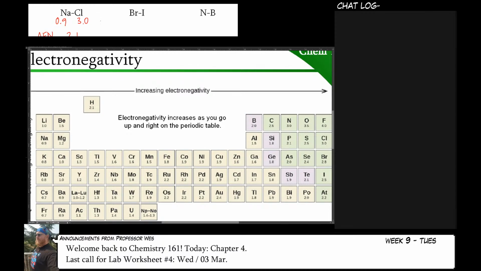Now for this next one, for bromine and iodine, I think that says 2.8. It's really small on my screen. This one's 2.5. So this difference would be really small. This is essentially pure covalent. And then for boron and nitrogen, this is 3.0. That one I know. This one is, I think, 2.0.